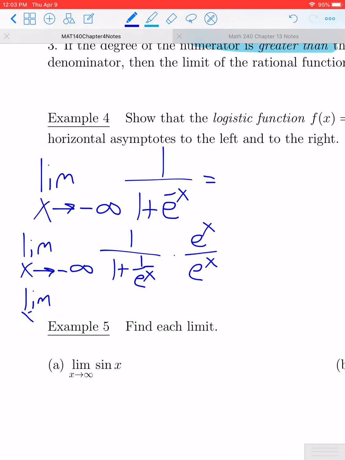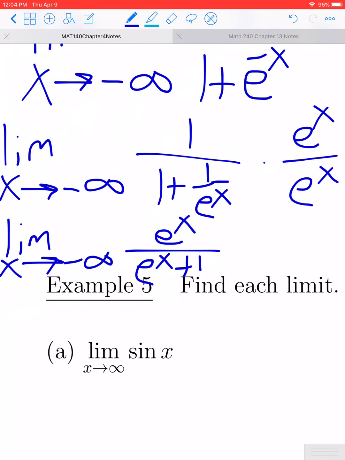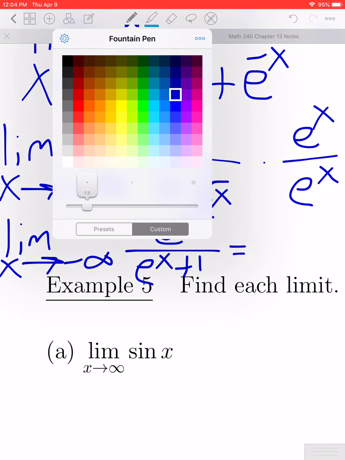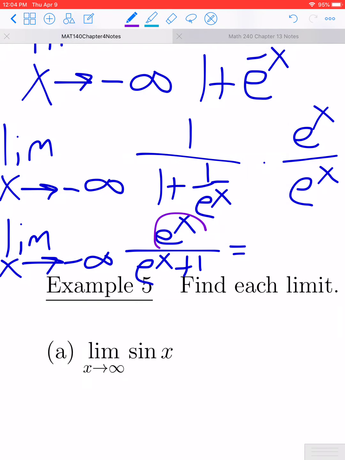It's the limit as x approaches negative infinity. We're going to get an e to the x in the numerator, all divided by e to the x plus 1. And now we can use our limit theorem. When x approaches negative infinity, e to the x approaches 0. So this part's going to approach 0.